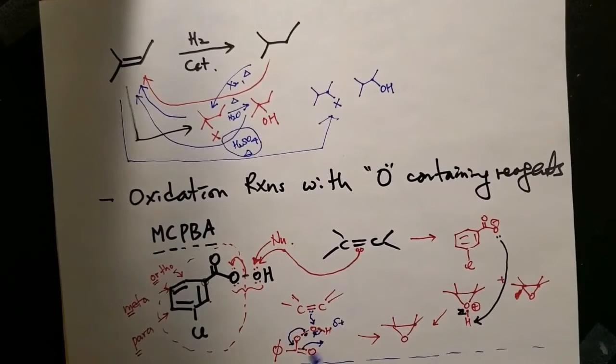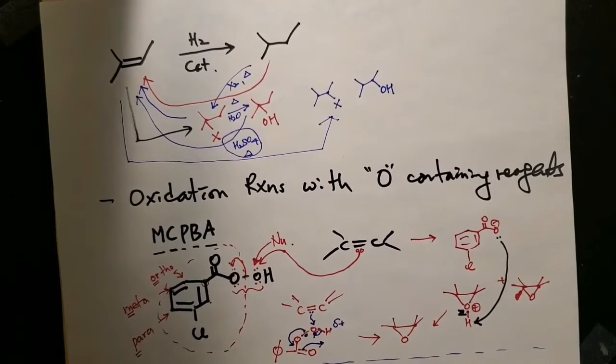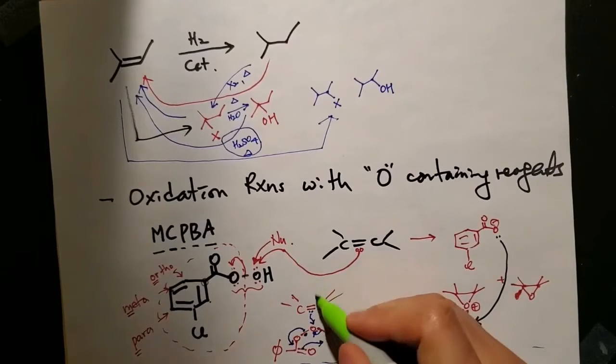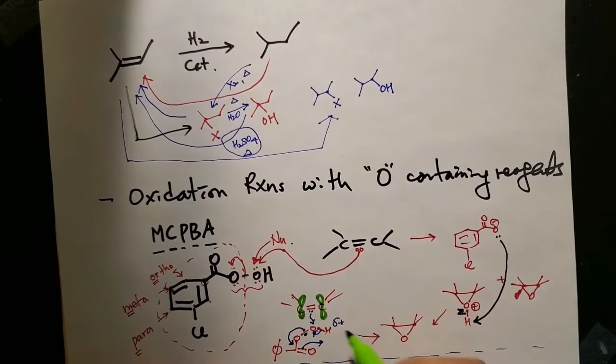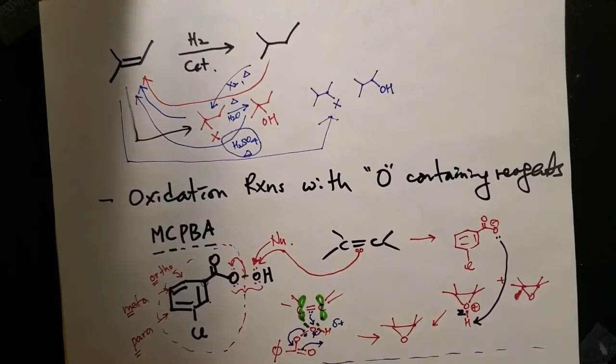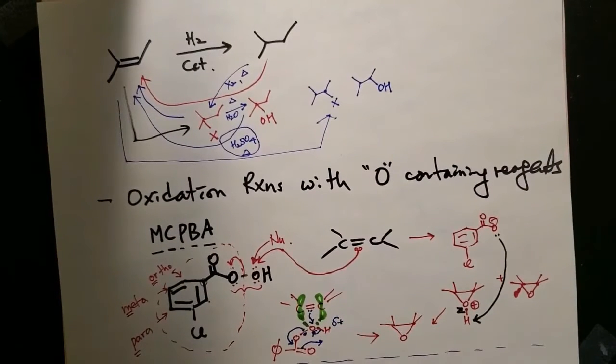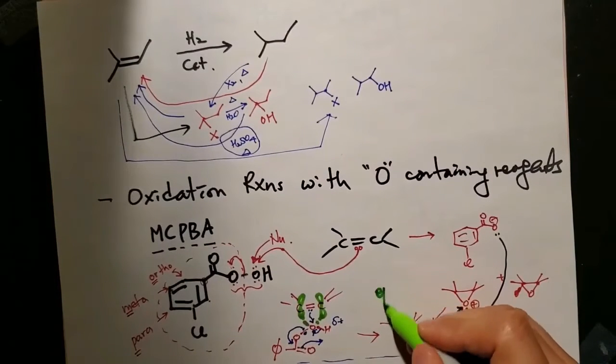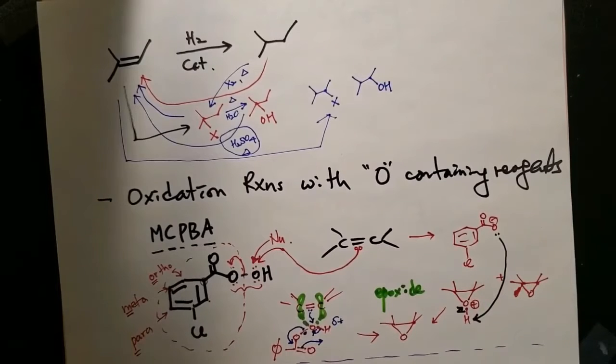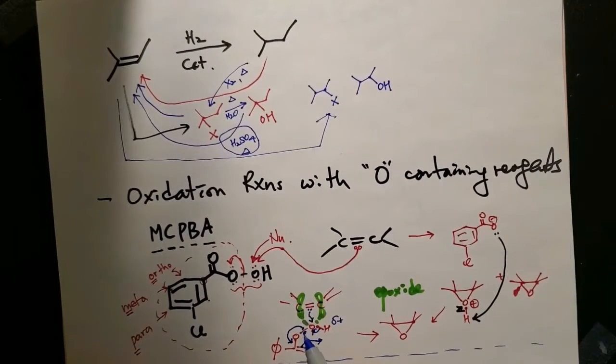So if you look at it, these p orbitals of the two carbons make bonds with oxygen like this, forming the epoxide at once. I mean gradually, but they form two bonds with oxygen at once. Then this bond breaks to give oxygen to the double bond, and this turns into the double bond, this turns into a single bond.